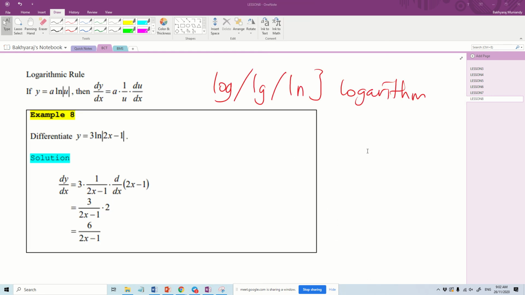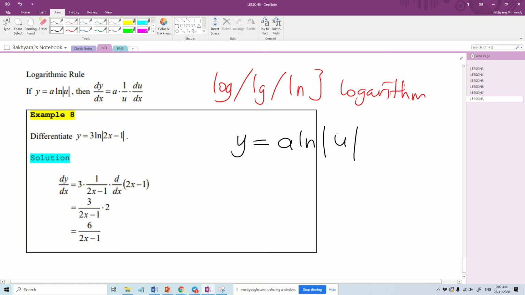Okay, so remind again, boys and girls, everyone. For my class, log, lg, ln, I consider all as logarithm. I call all of them log. So what is my formula? Let's say I have y equal a log u.